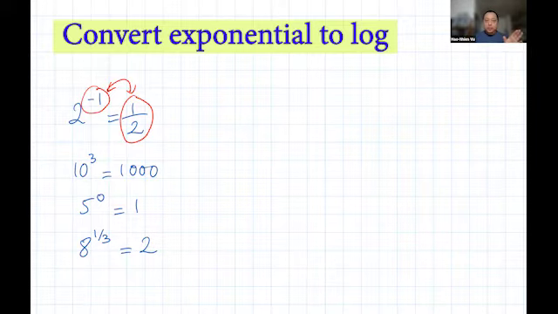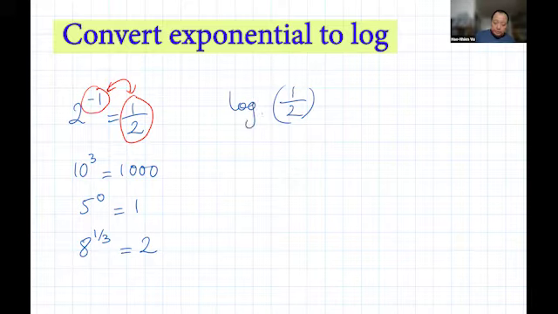Negative 1 used to go with the base of 2, and now 1/2 will go with the base of 2 in logarithm. So it's logarithm, base 2 in the subscript, and the number 1/2. In this case, just to make sure that everyone understands that all of 1/2 is inside the logarithm, I use parentheses. And the answer to that is negative 1. Remember, this also means that it answers the question 2 to the what is equal to 1/2. 2 to the negative 1 equals 1/2.